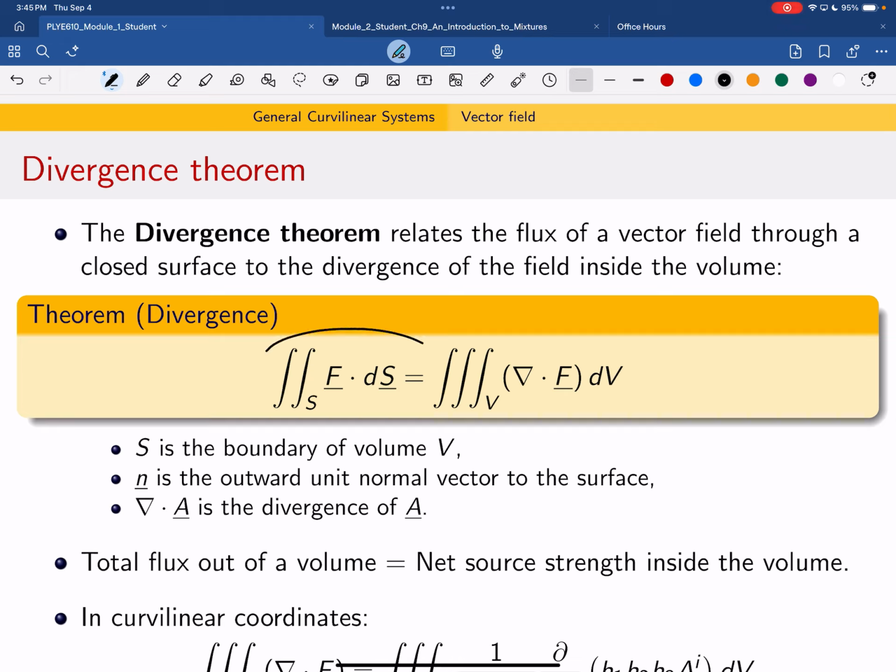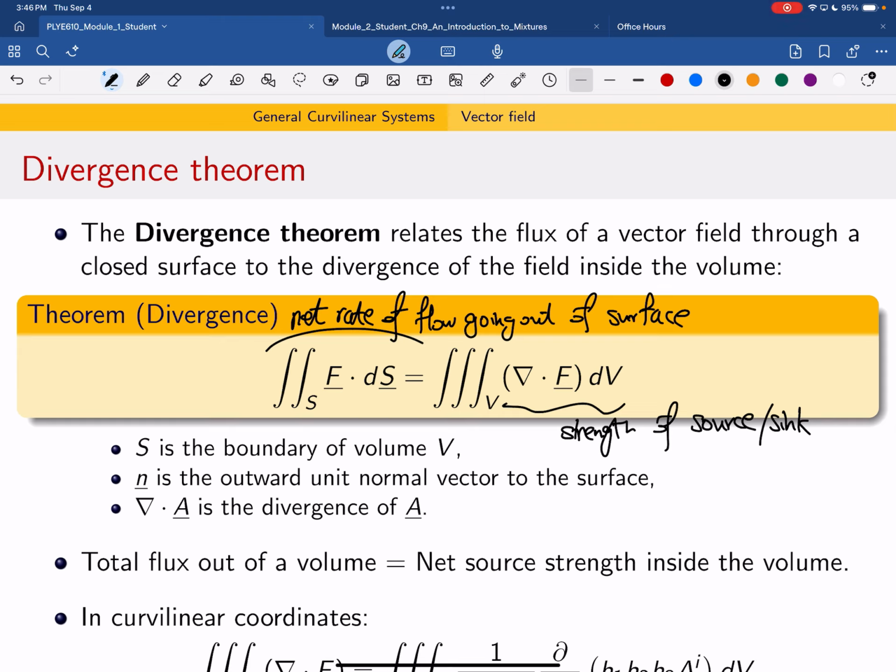If F corresponds to some flow, this gives you the net rate of flow going out of the surface. This part gives you the strength of source or sink that you have at a given point.